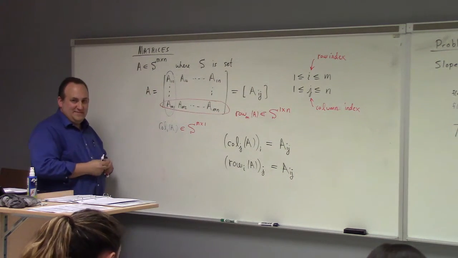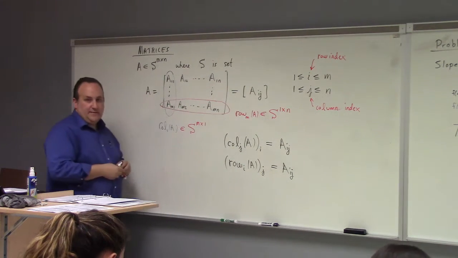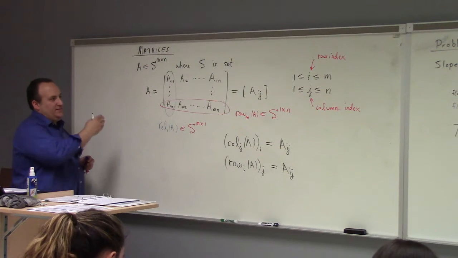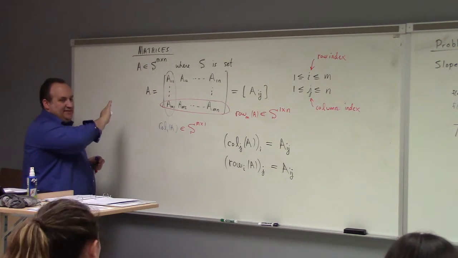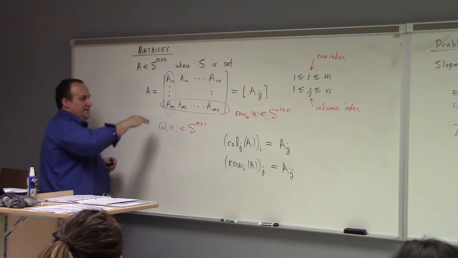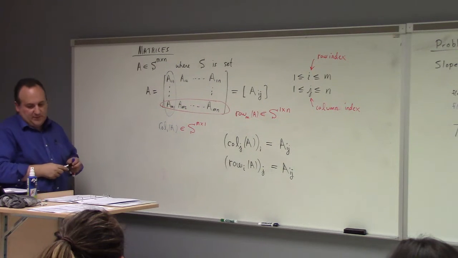You notice the juxtaposition of the letters here to make that happen. Any matrix can be looked at as a stack of column vectors glued together, so it's a concatenation of its columns, or as a stack of row vectors, right? So we can think about a matrix as being rows or columns glued together.